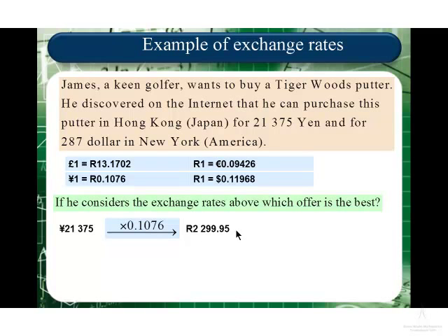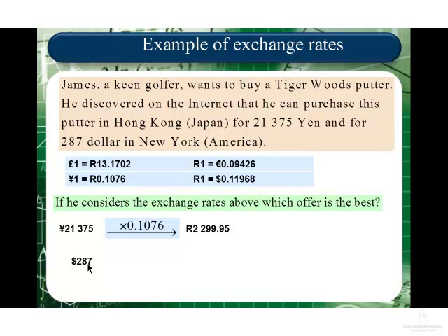I have to do a similar exercise to exchange the cost of the putter in American dollars to rands, and then compare the 2 rand values of these items in order to see which is the best offer in this case.